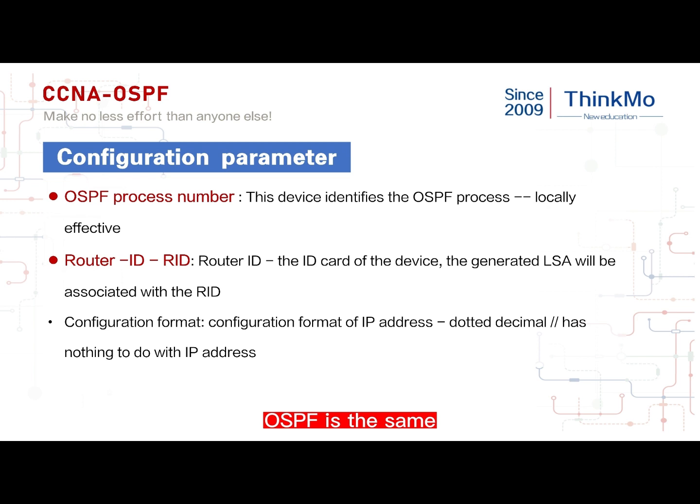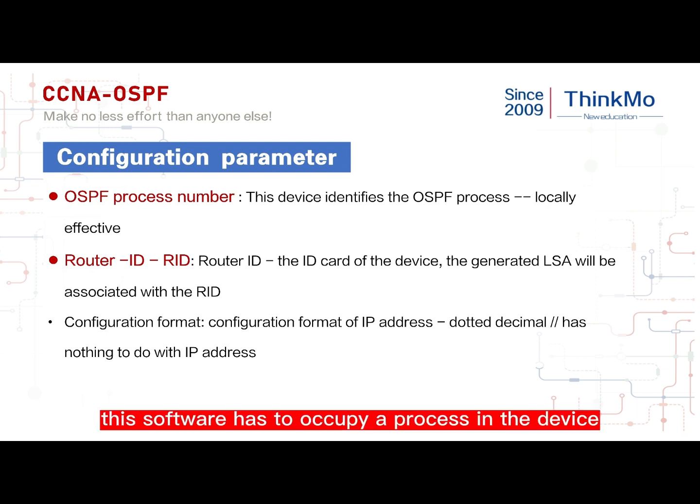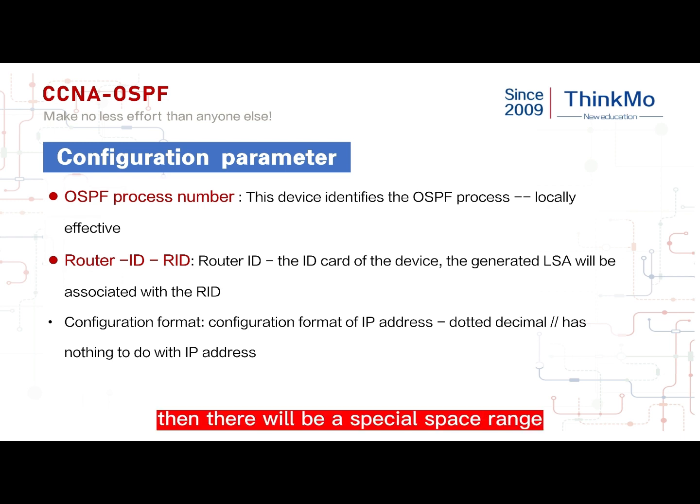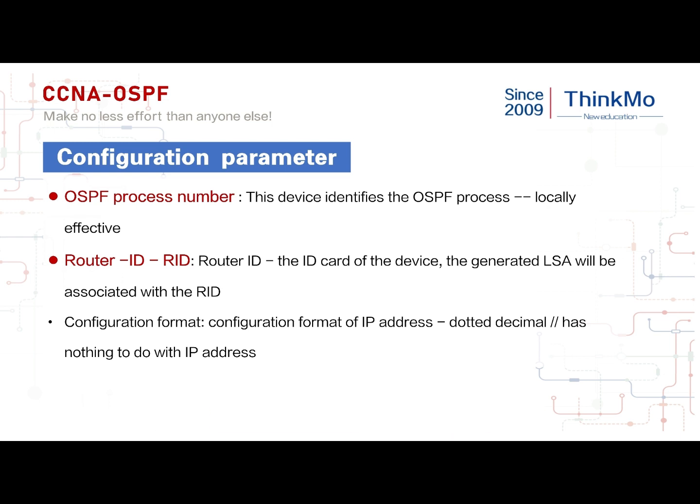OSPF is the same. You enable OSPF on the device. You can understand it as software on the router. This software is called OSPF. Then this software has to occupy a process in the device. It needs to call some hardware performance inside for calculation. Then there will be a special space range for maintaining internal data. We call it a process.